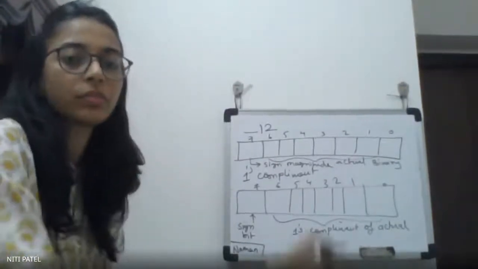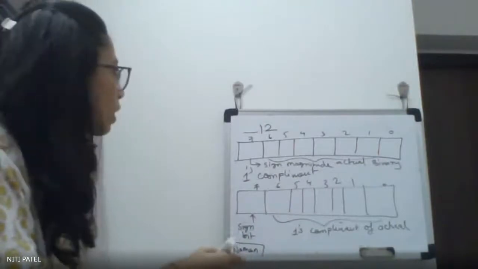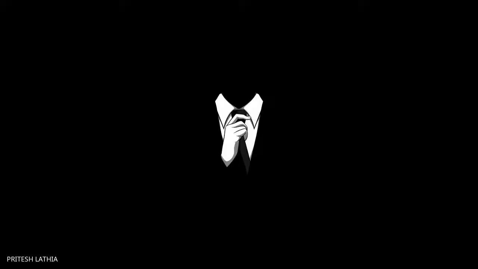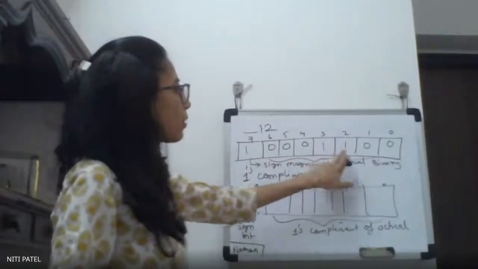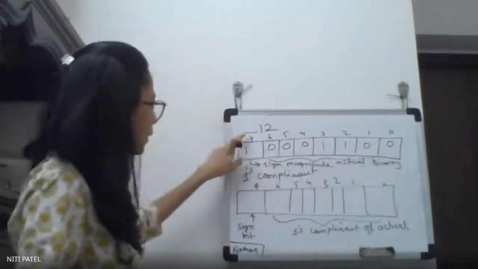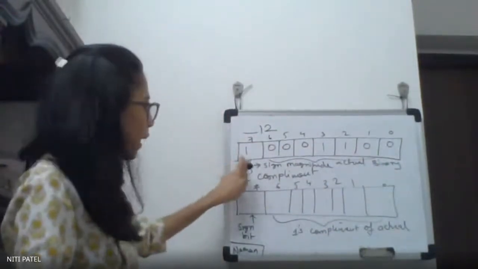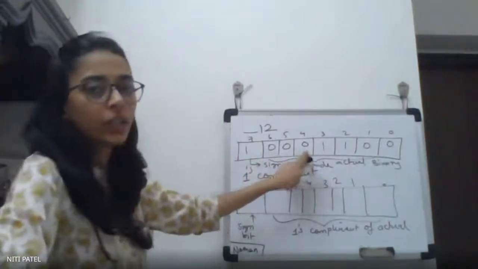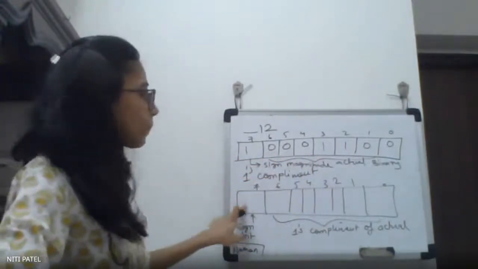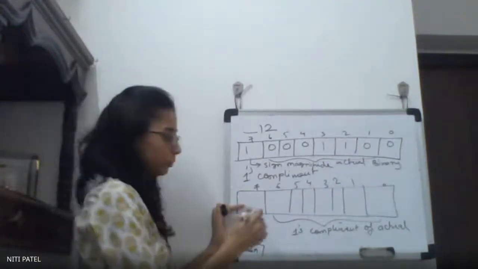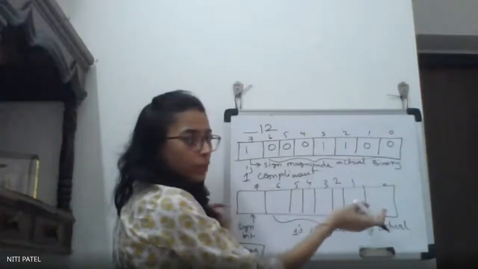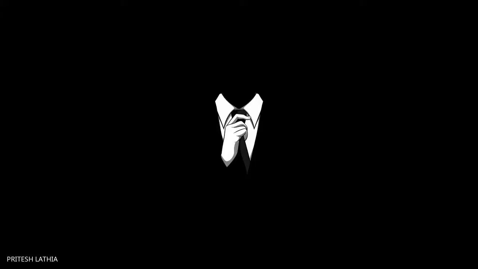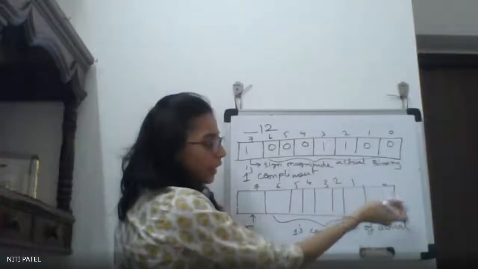Pritesh. 10001100. Okay. So binary of 12 is 1100. Your first bit is minus, so you have represented it 1, and the remaining are appended with 0. Now tell me the ones complement of minus 12. From LSB to MSB or MSB to LSB? From the right hand side. So is that right hand side LSB or MSB?